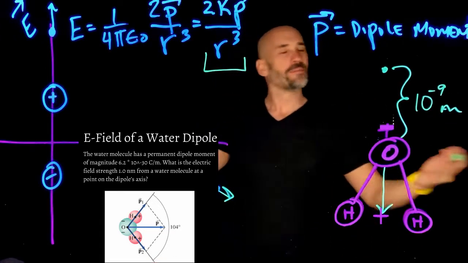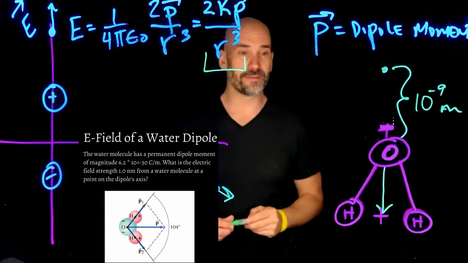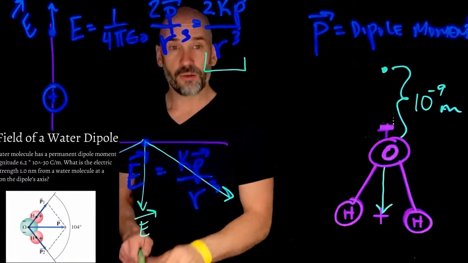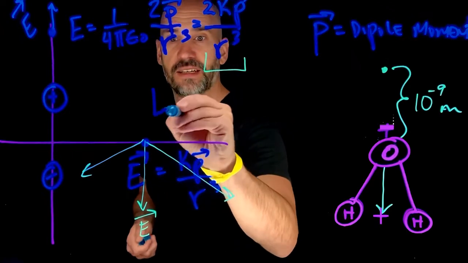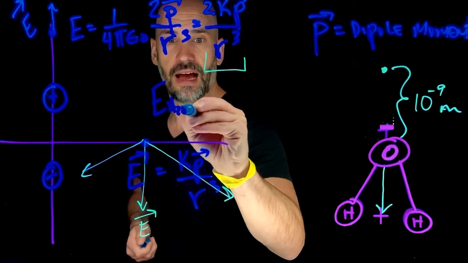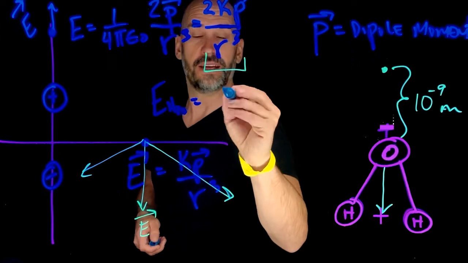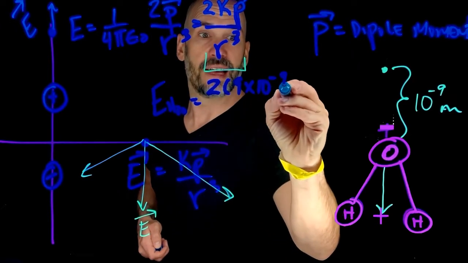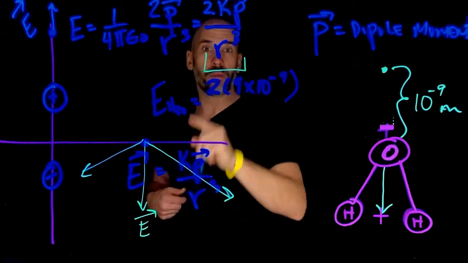All right. Well, you know, I hate to say it, folks, but it's just a plug and chug, okay? Which means we just want to say, the E of H2O on axis, we want to use this formula, is going to be 2 times 9 times 10 to the 9 times the dipole moment, okay?